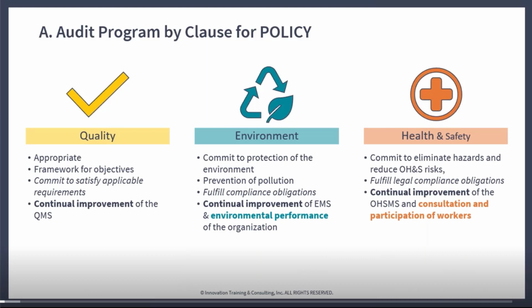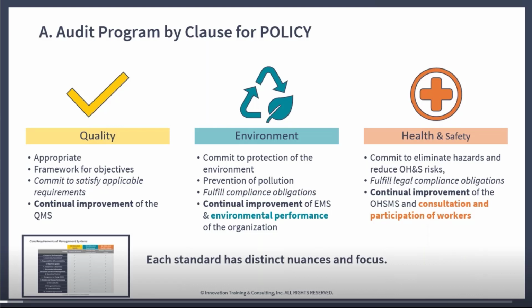Continual improvement is there, but what you need to focus on in order to meet that is a bit different. So the point of this slide is that even though this is one of the check marks on the slide that says things that are in common, you really, as an auditor, need to understand the actual requirements in all 3 standards because they do have nuances and different focuses.